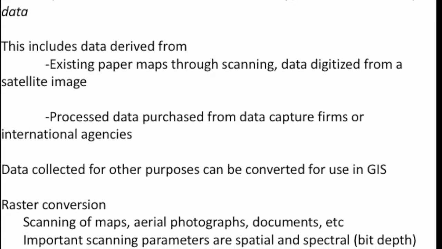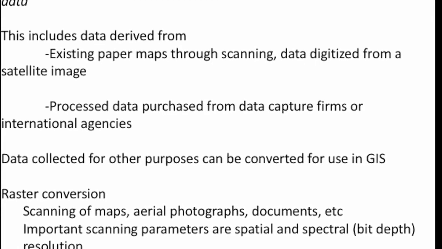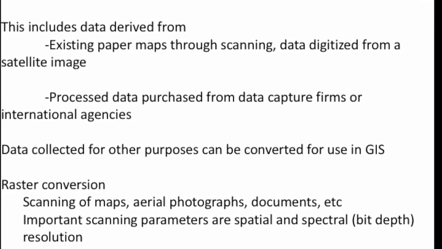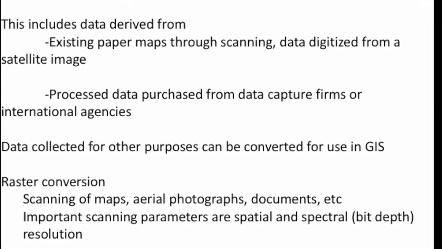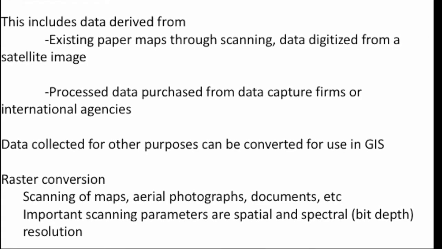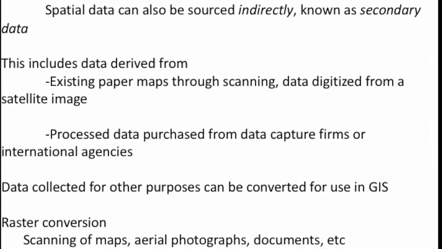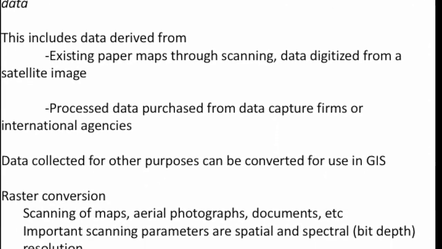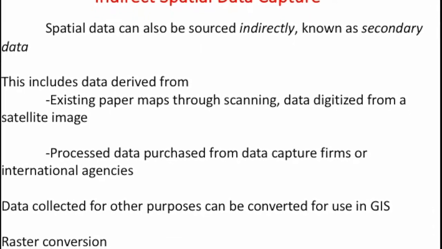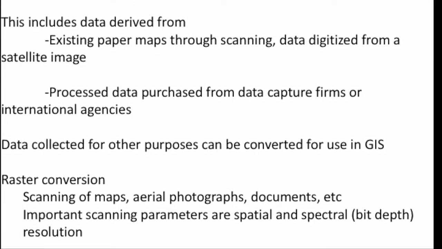Spectral resolution is the ability of a satellite sensor to measure a specific wavelength of the electromagnetic spectrum. The finer the spectral resolution, the narrower the wavelength for a band or channel. Temporal resolution is the time between satellite images. These three things should be considered during direct spatial data capture as well as indirect spatial data capture.